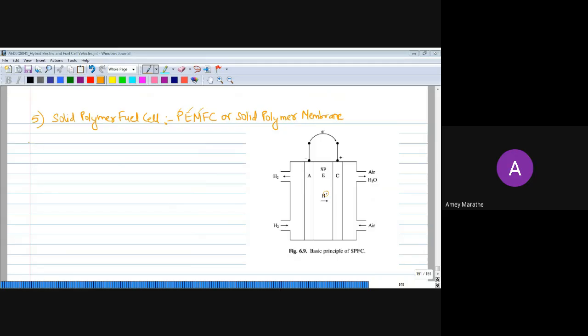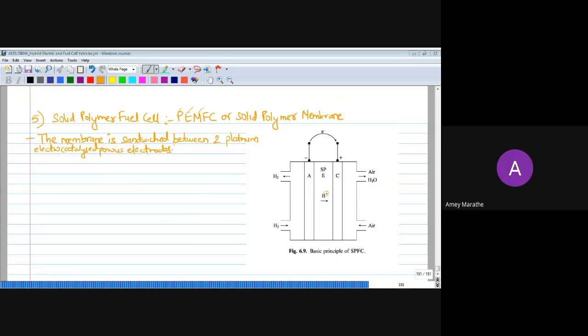So let me write down: the membrane is sandwiched between two platinum electro-catalyst porous electrodes.